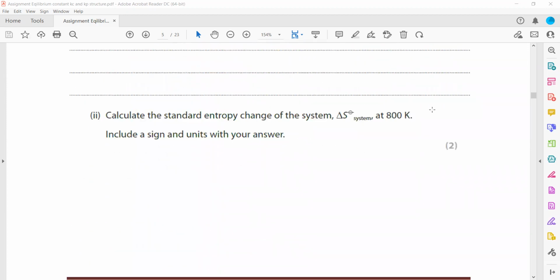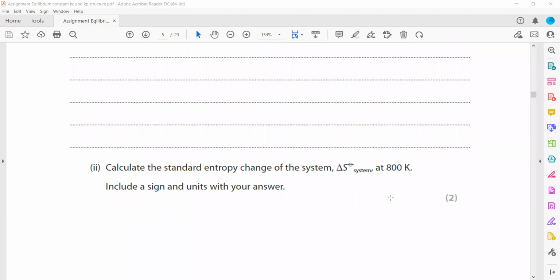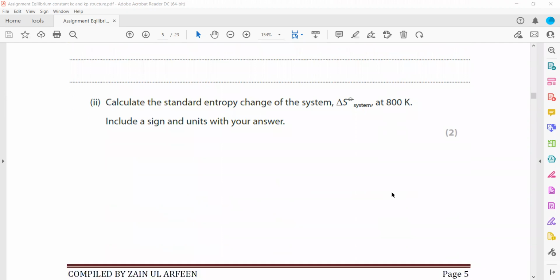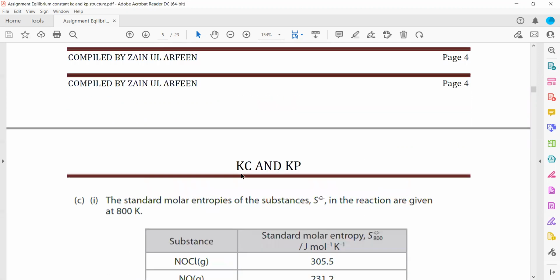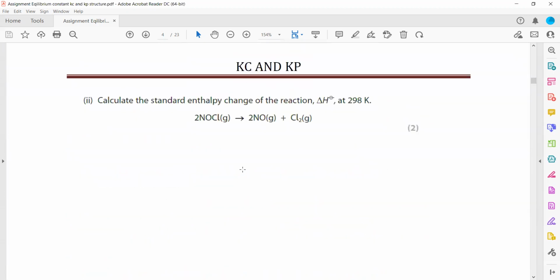Then calculate the standard entropy change of the system. So how to work it out at 800? We have the formula: the entropy change of the system is products minus reactants. This is a continuation of the full question.